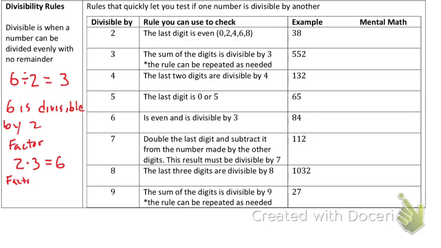Factor times a factor will equal my product. Okay? So when things are divisible, that means it divides evenly without a remainder. And these are just some rules that will help you figure out what a number can be divided by and help you find factors a little more quickly. All right?